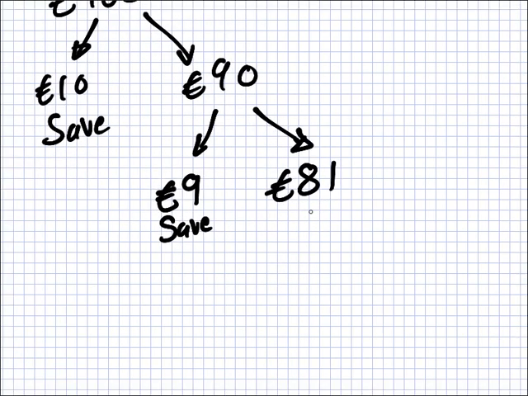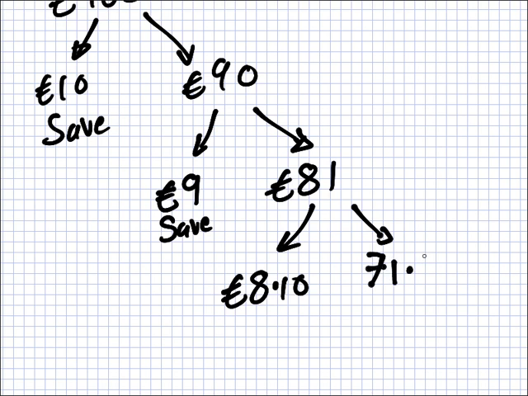So now Jason keeps €8.10, and then he spends whatever 90% of this is. 72.90.